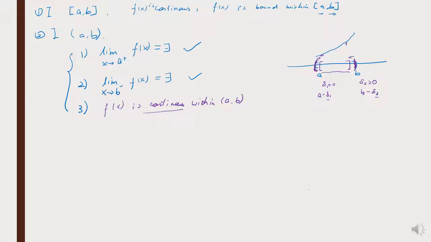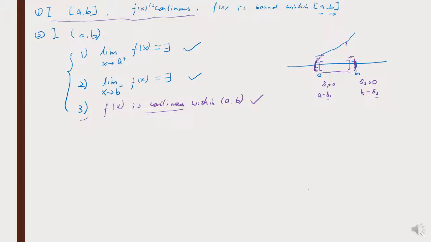Now we can take advantage of the first condition. As long as f(x) is continuous, we can say yes, f(x) is bounded within this closed interval. So for checkpoint number 3, f(x) is continuous within this open interval a to b, and now we can say that it has the third checkpoint.